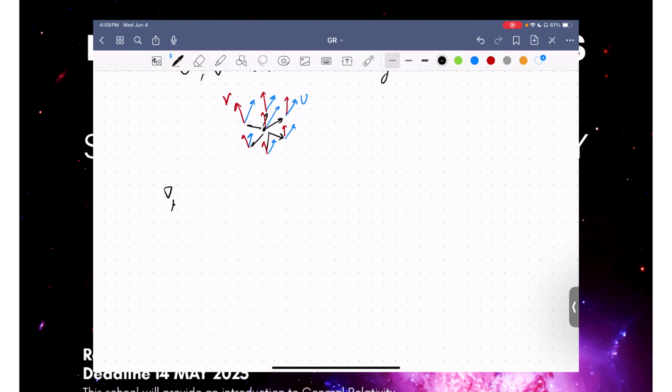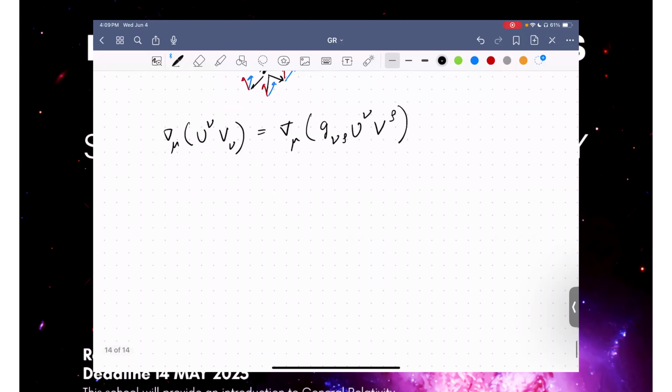Let's take the covariant derivative of the contraction between two vectors, u nu, v nu, which are covariantly constant. So what is this? This is g nu rho, u nu v rho. Notice that we have to distribute this covariant derivative over tensors, right? So del mu g u rho.